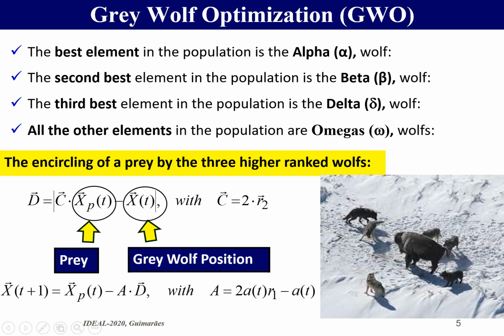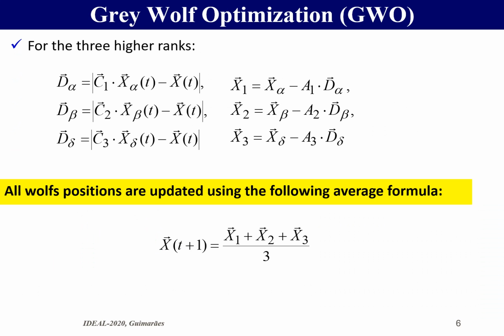And here this parameter A is responsible for the search, the exploration and exploitation compromise. For the three higher ranks, these are the dynamics for updating the Ds. And then we have the updating of X1, X2, and X3. We average these position values, and this average is the update for all the wolves' positions.